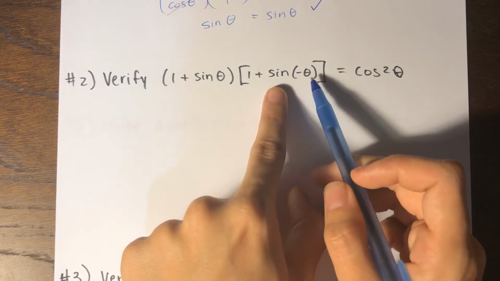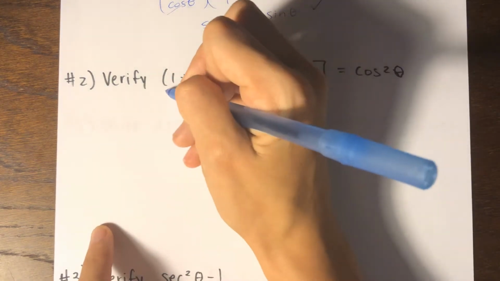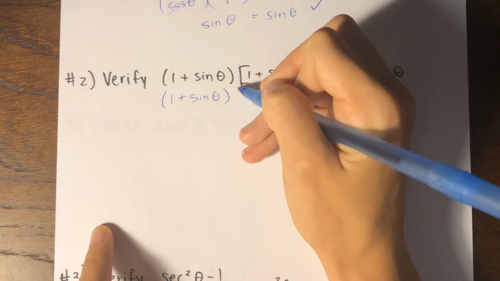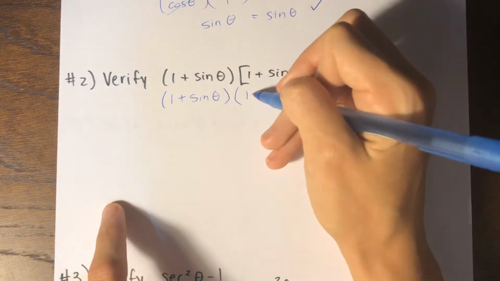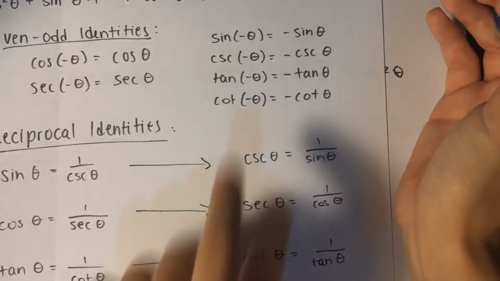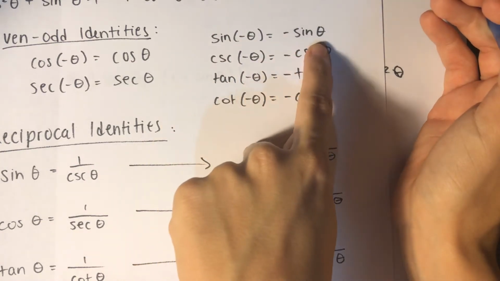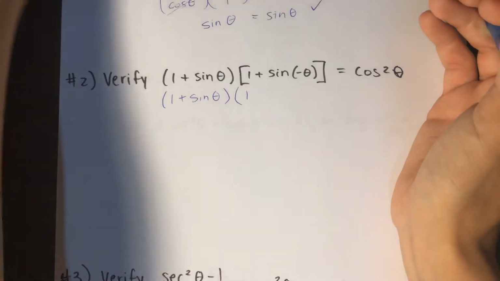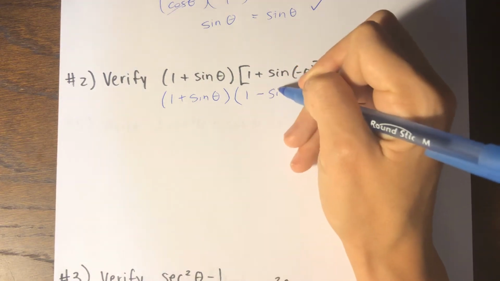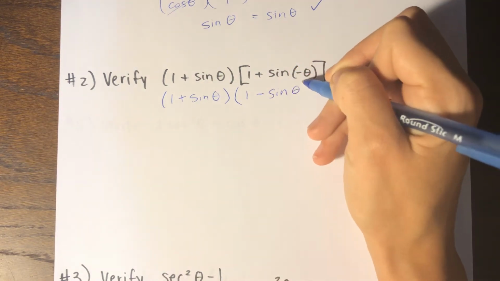Remember that sine of negative theta is equal to negative sine of theta. So we just replace the whole thing with negative sine of theta.